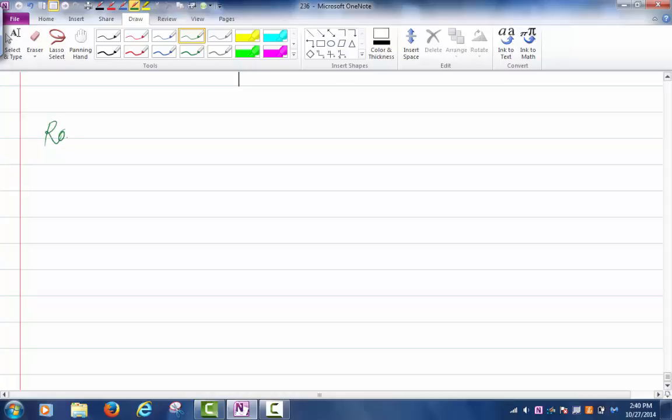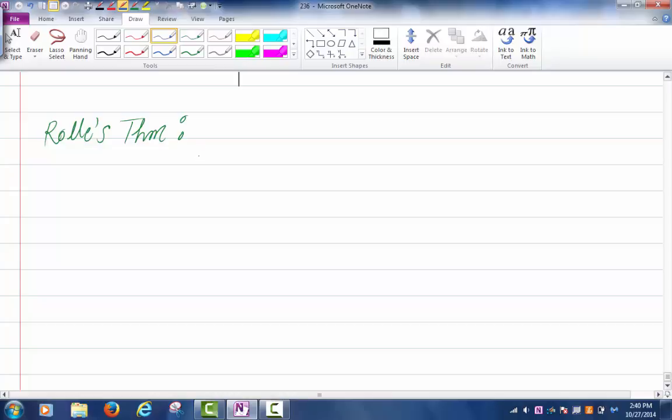Rolle's theorem, which says the following.